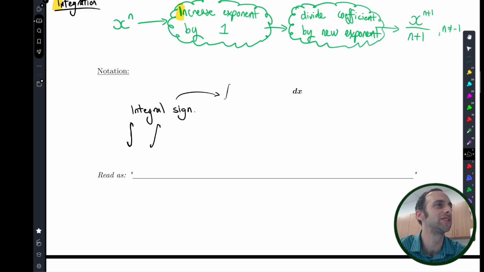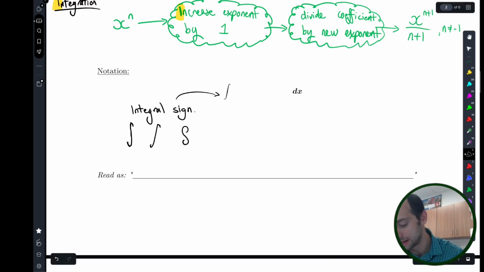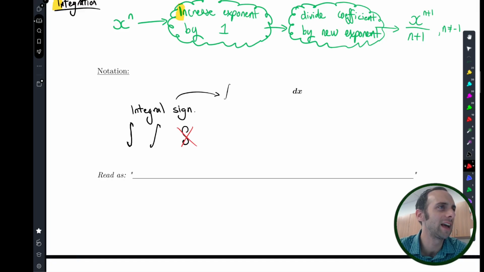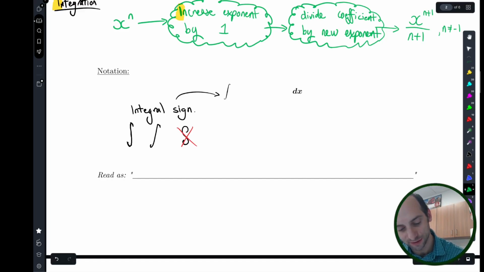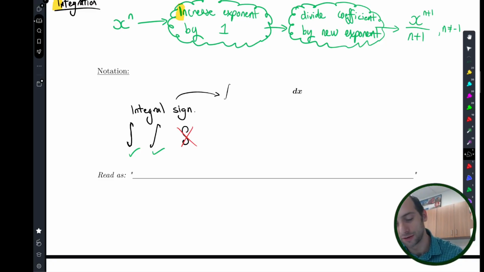You'll see both variations of this. The only thing we don't want is one that kind of curves back on itself. This is not a good integral sign because it can kind of look like an S or some kind of musical note. So either of the first two are fine. The second one we don't really like. Think of this like an open parenthesis for your integration.